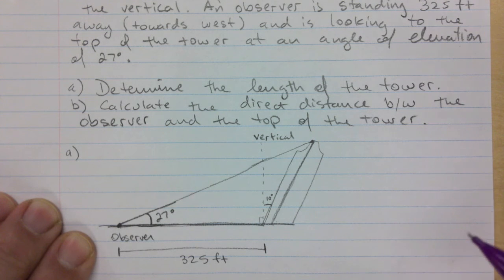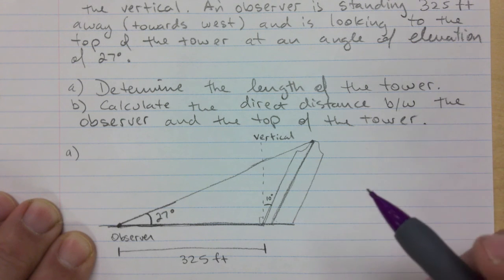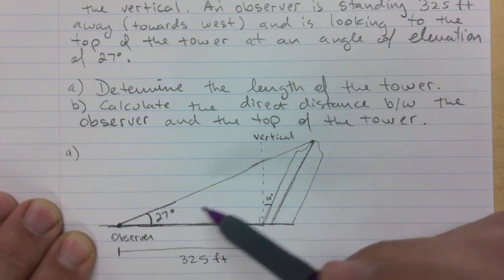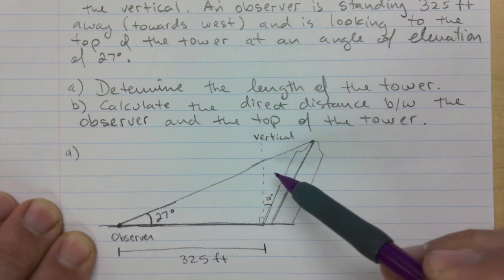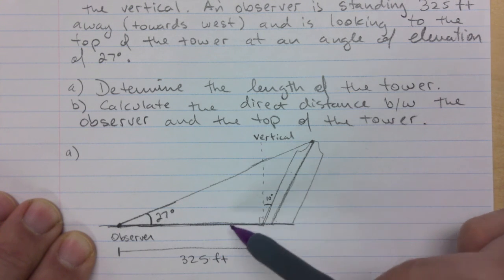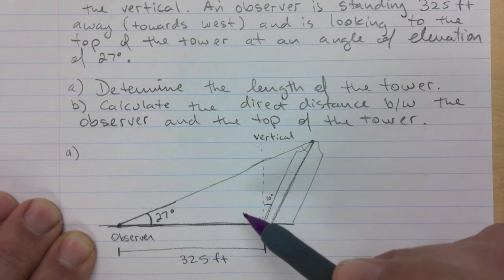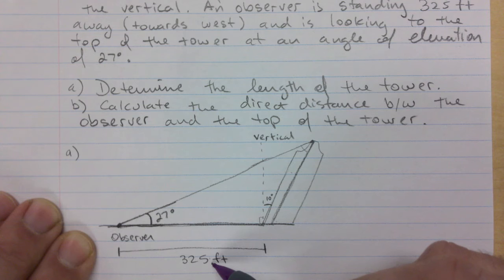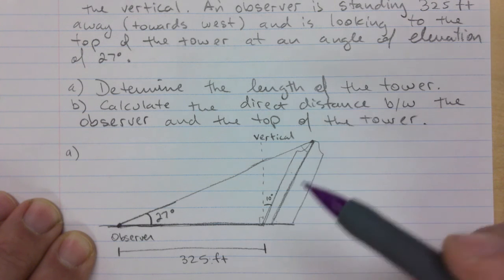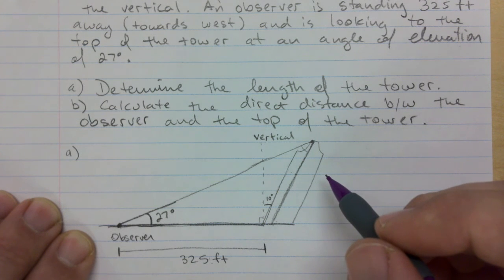I think that's all we know at this point. So do we have a pair at all? 27 doesn't have this side across from it. 325, it would technically be this angle up here that would be across from it, right? So we don't have anything going here. We need a bit more.